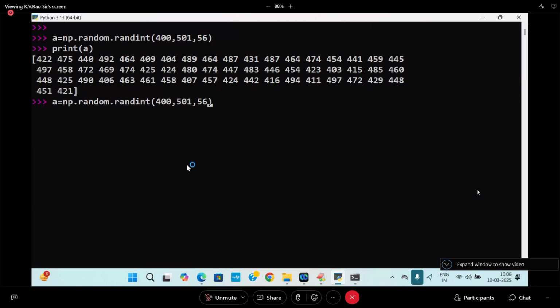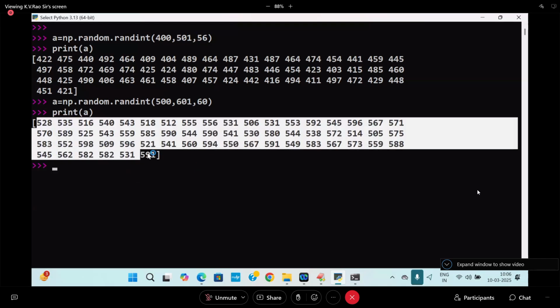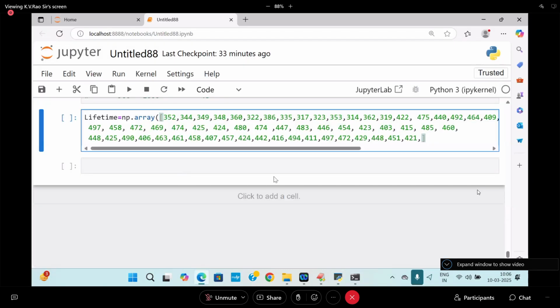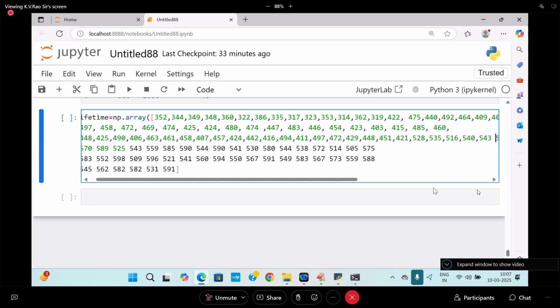Print this A and take these values, writing a comma. All the values need to be separated by comma. For that you will be getting the data like this.